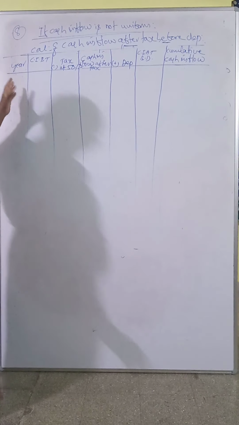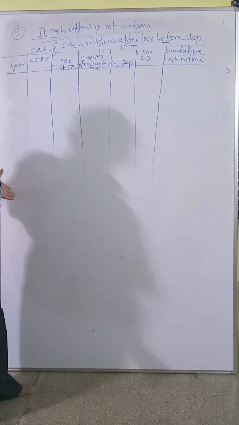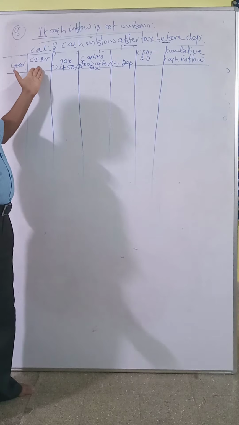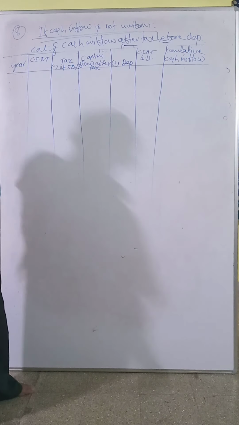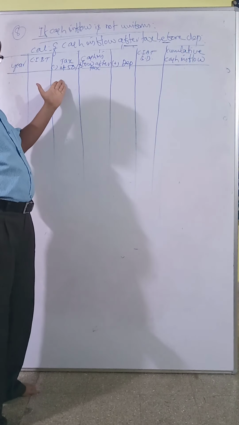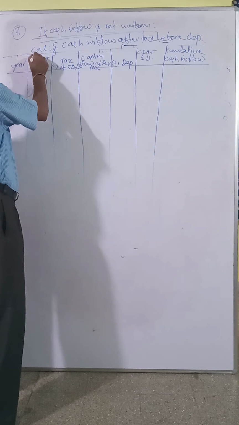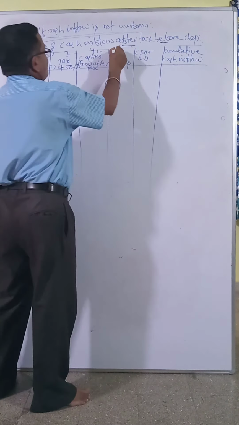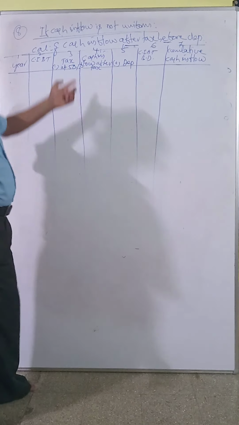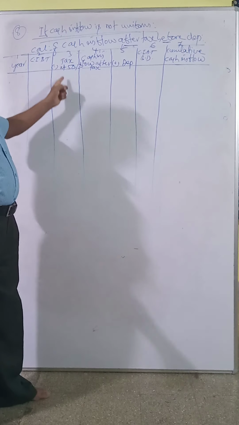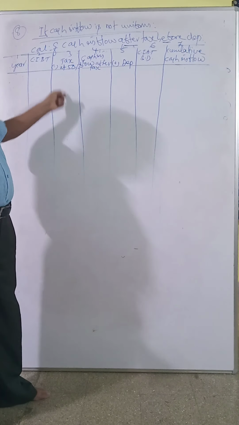Understood, guys? Here, cash inflow before tax is given in the question. Before tax means you have to deduct tax. I'll make 1, 2, 3, 4, 5, 6, 7 columns. Then deduct tax at 50%, which is given in the question.